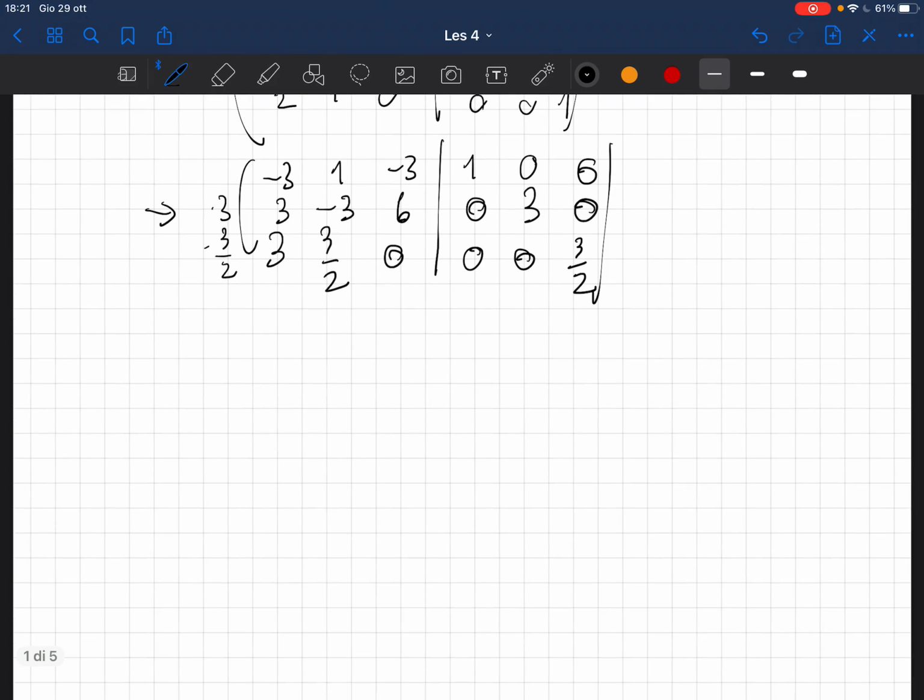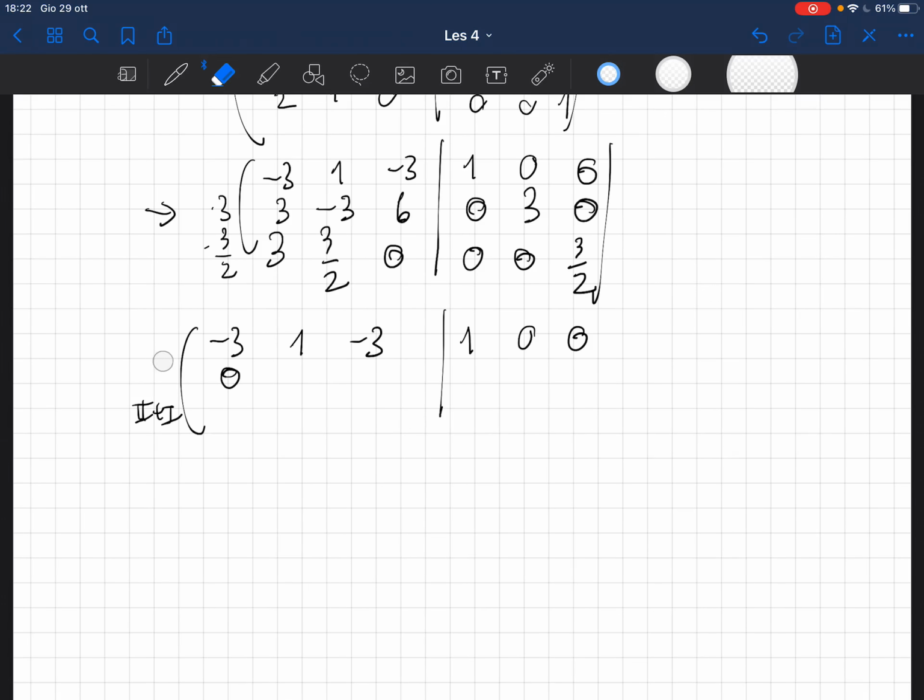Very good. Then I can subtract, or actually add, so replace this with the second plus the first and the third plus the first, see what happens, and which would be minus 3 1 minus 3 1 0 0, and here it's the second plus the third, the first, so 0.